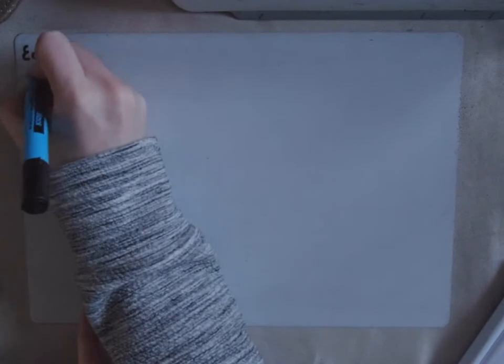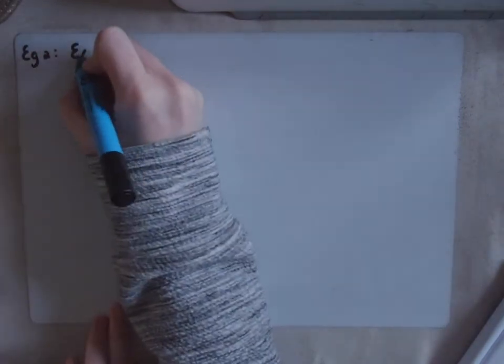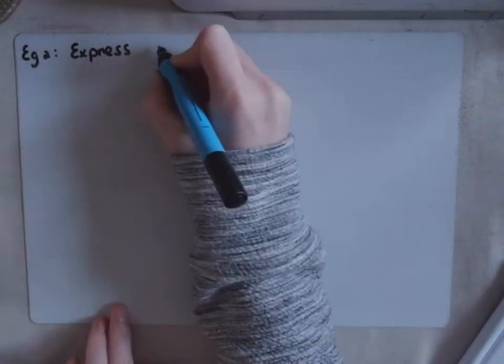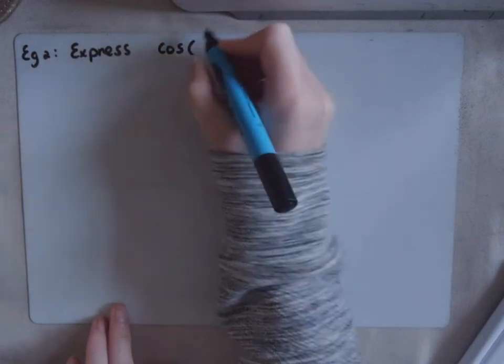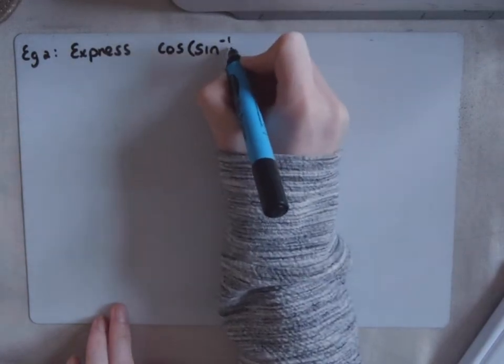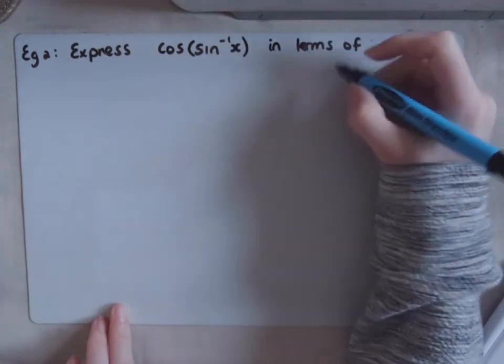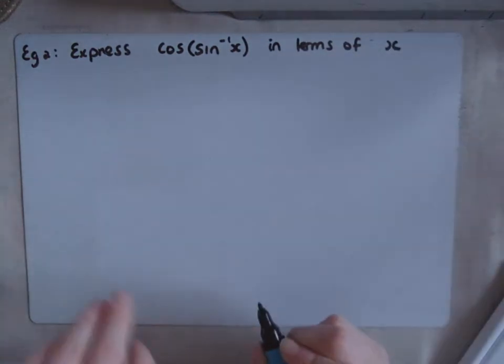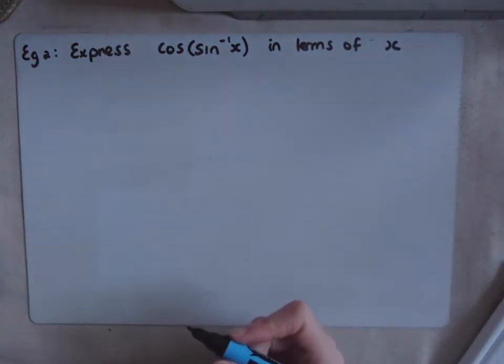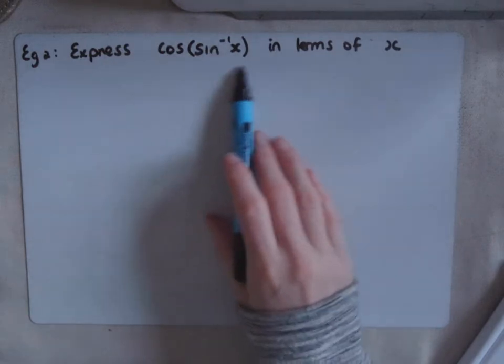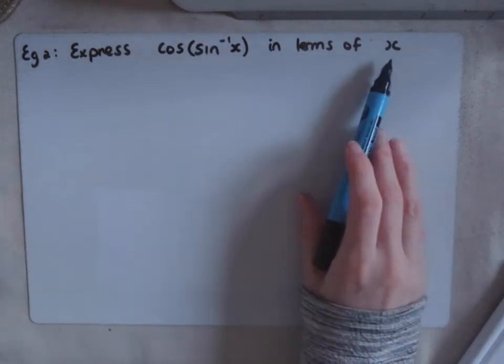Example 2. This might look horrible, but actually when you get down to it, it's not that bad. Okay, so this is saying express cos of this angle in terms of x.